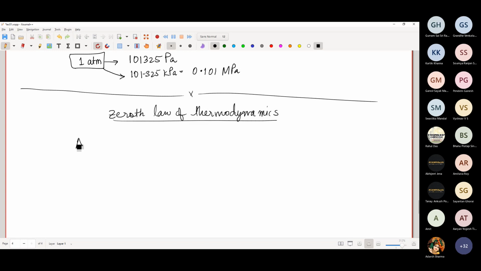which says that if body A is in thermal equilibrium with body B, and if body B is also in thermal equilibrium with body C, then body A is in thermal equilibrium with body C. So what do you mean by thermal equilibrium?